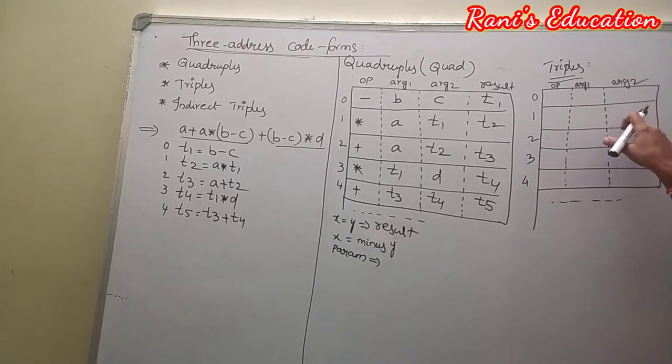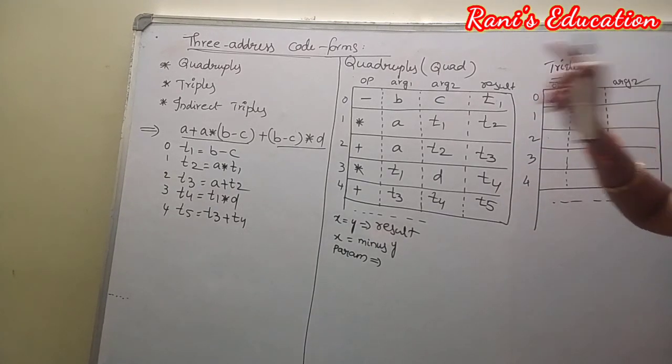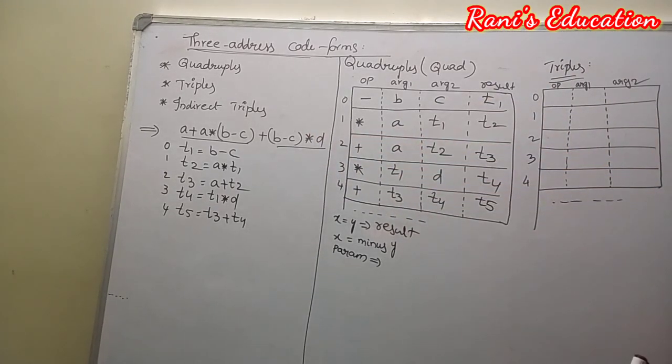Here we don't have any result field. In argument 2, if we are getting any temporary variables, in such a case we are going to write the corresponding position, the instruction number.